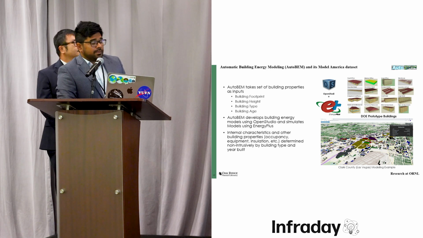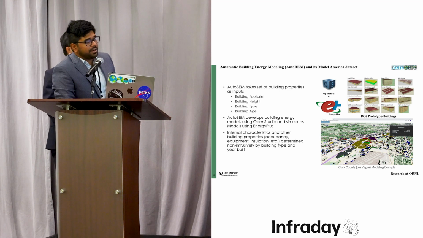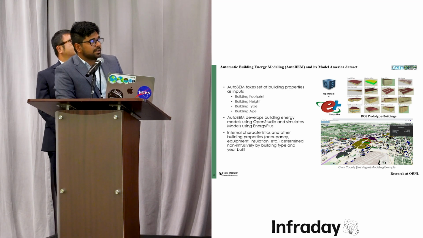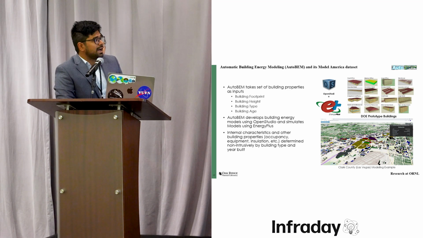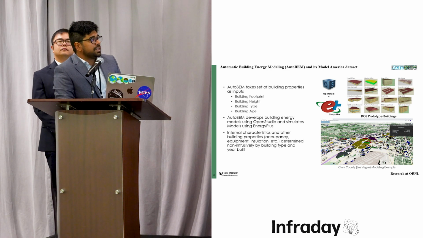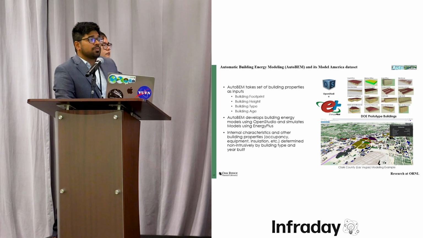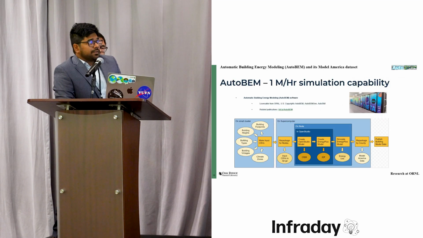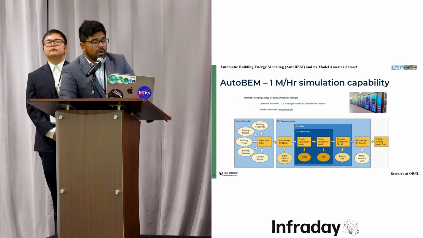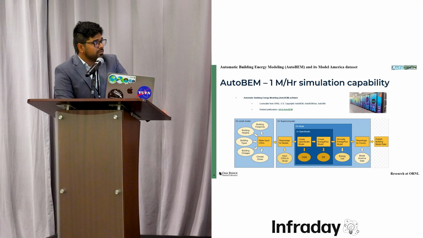It takes several building characteristics as input, for example, building footprint, height, type, etc. It develops a building energy model using OpenStudio and simulates using EnergyPlus in a supercomputer environment. AutoBEM can simulate 1 million buildings per hour, and it is licensable from Oak Ridge National Lab.